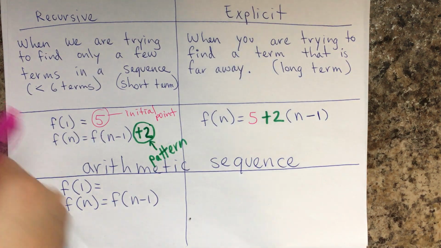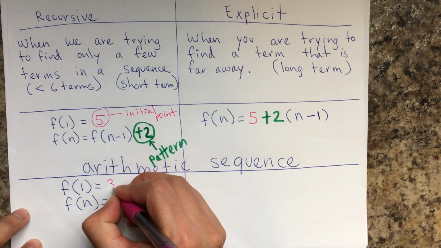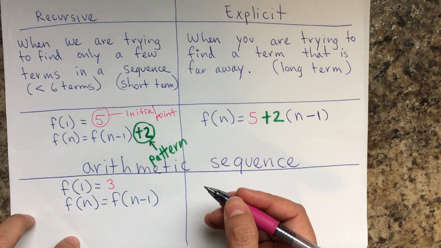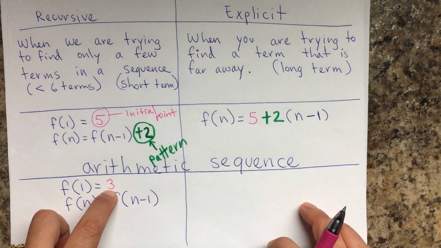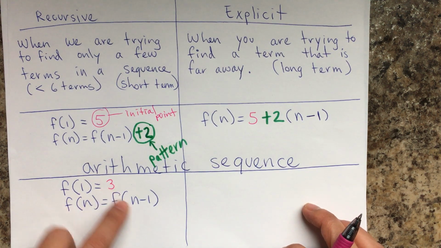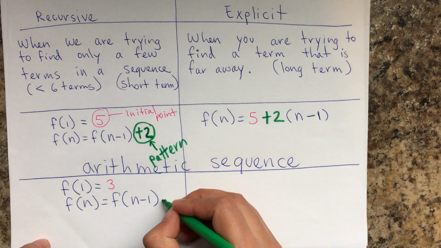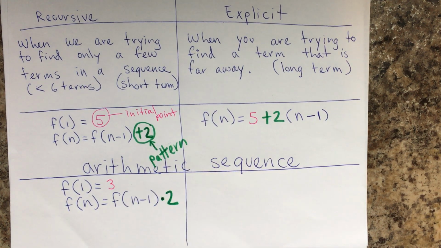So the initial point, let's say, I eat 3 cookies. I've eaten 3 cookies, and I'm gonna double that. Oh, that will be too much. Maybe there are 3 bacteria, and then it doubles every hour. So double means multiply times 2. This is the initial point.